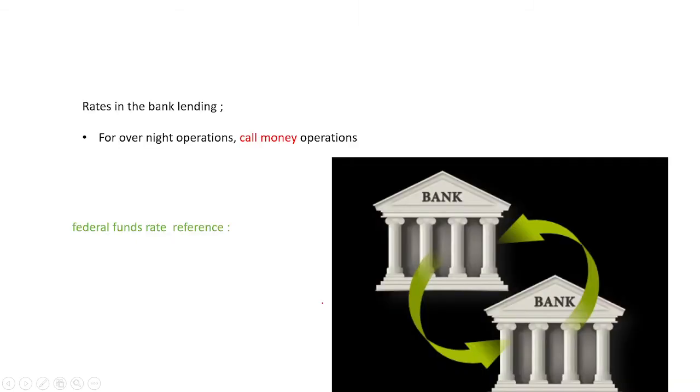Now how these policy rates like FFR, the federal fund rates or the interest rates, impact the economy we will discuss through this slide, right? As you already know, banks do multiple operations, right?